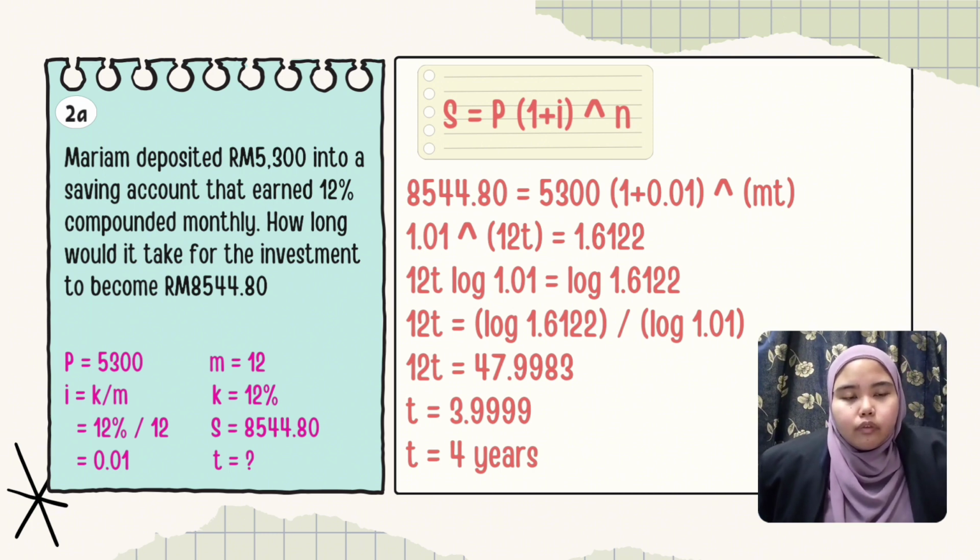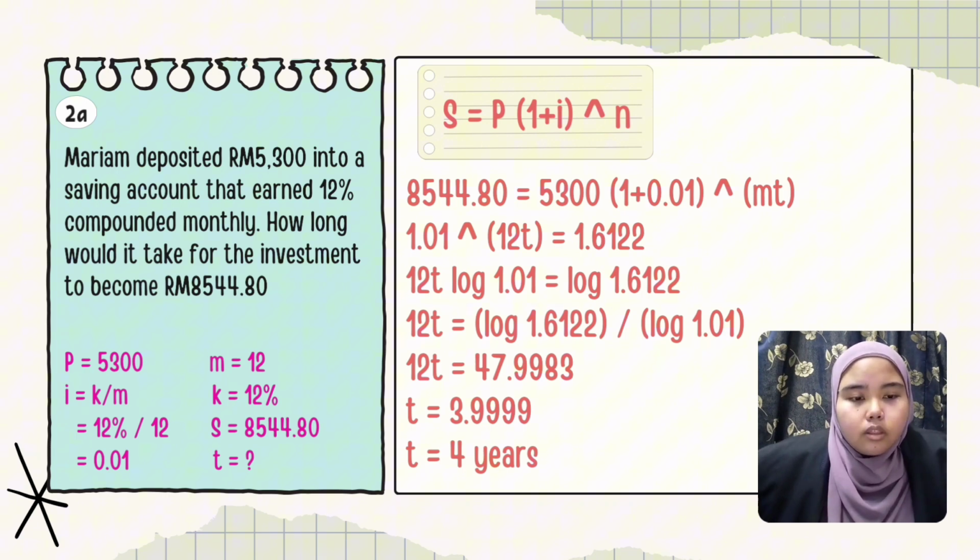So we can use the formula S equal to P bracket 1 plus I bracket power of N. 8,544.80 equal 5,300 times 1 plus 0.01 power of mt. Next step is 1.01 power of 12t equal 1.6122.